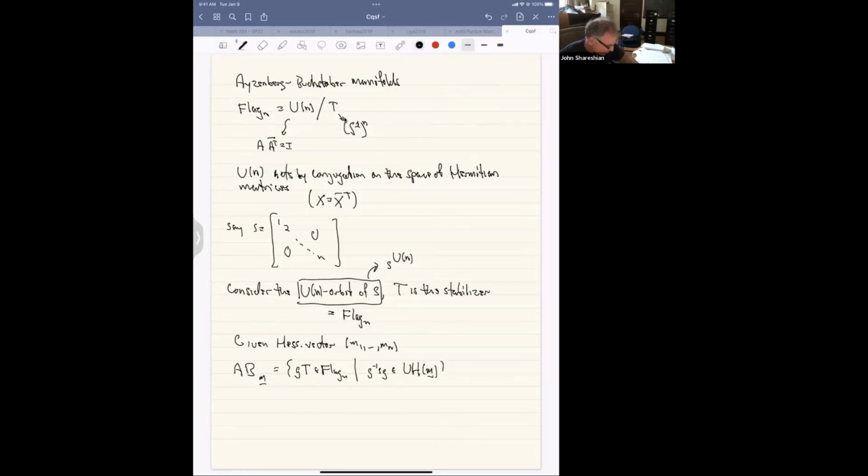And what does this look like? Well, the way we get a regular Hessenberg space from a Hessenberg vector is to force some zeros. And now we just force the mirror zeros. So for a matrix A_ij, it's 0 if i is greater than m_j or j is greater than m_i.